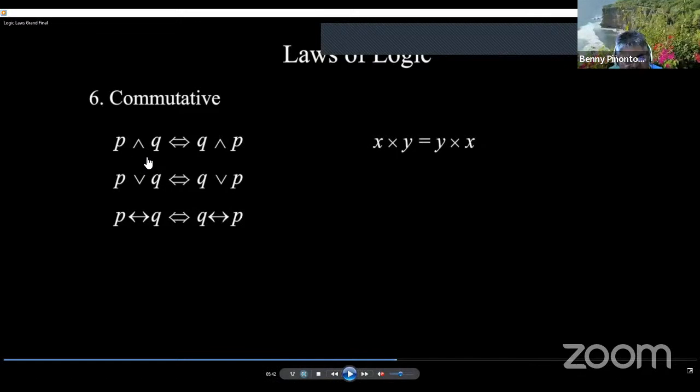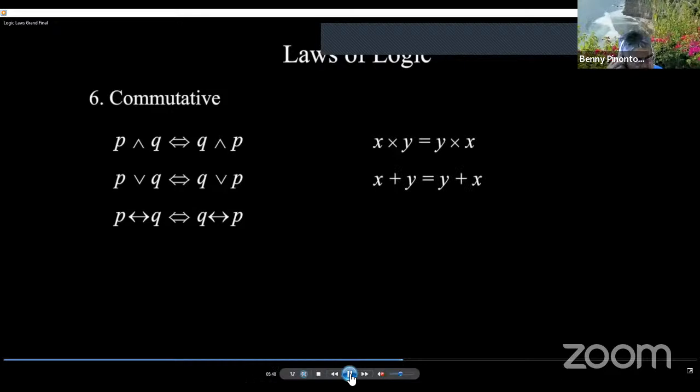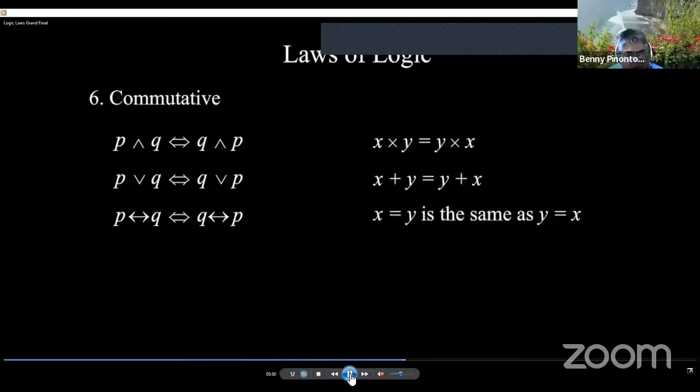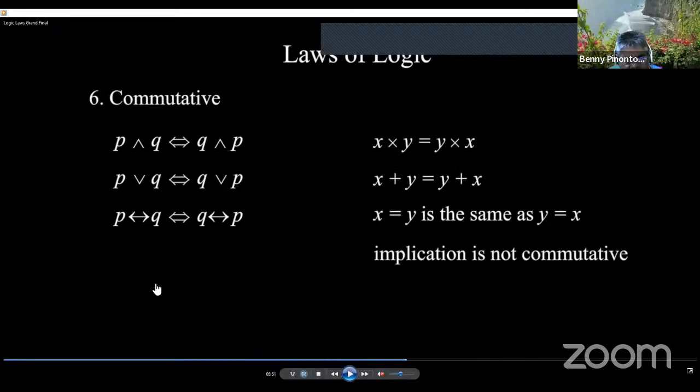Some people prefer to use multiplication for AND, addition for OR, and the same sign for the biconditional.